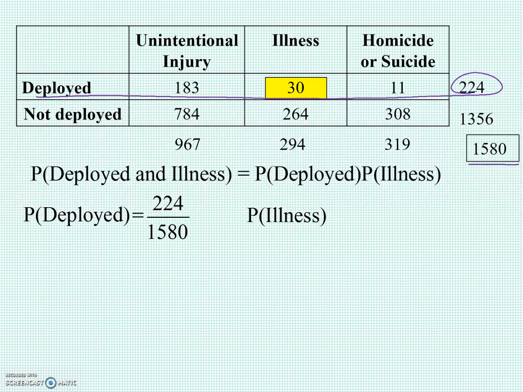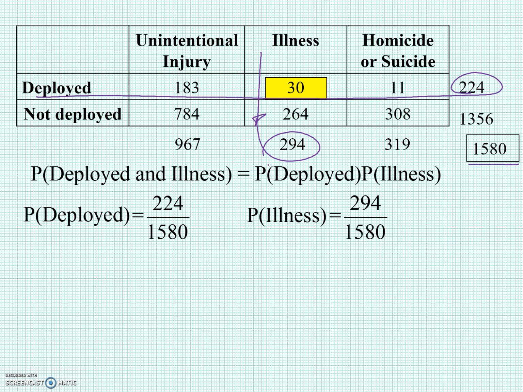The probability of someone having an illness is going to be the total number of people in this column, which is 294. So that's 294 out of 1,580 total people in my sample. These are the separate probabilities for deployment and illness.